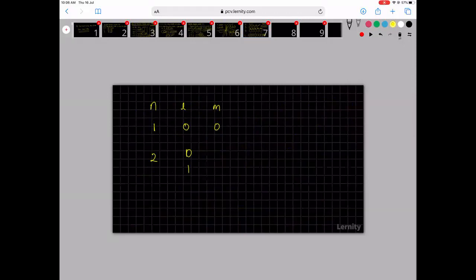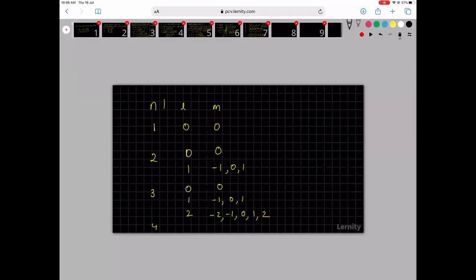M value is only 0 here, and here it is -1, 0, 1. If I have N equal to 3, L is 0, 1, 2. So here I have 0, here I have -1, 0, 1, and here I have -2, -1, 0, 1, and 2. Then write for 4, and then I will move on.